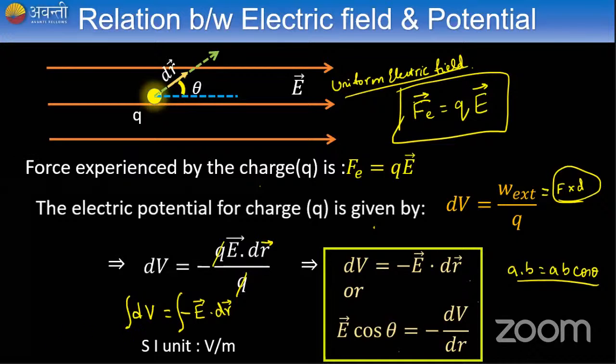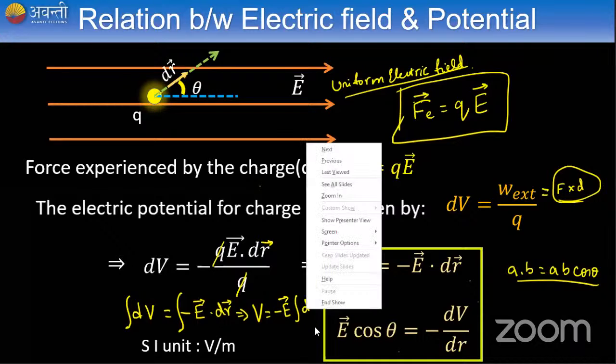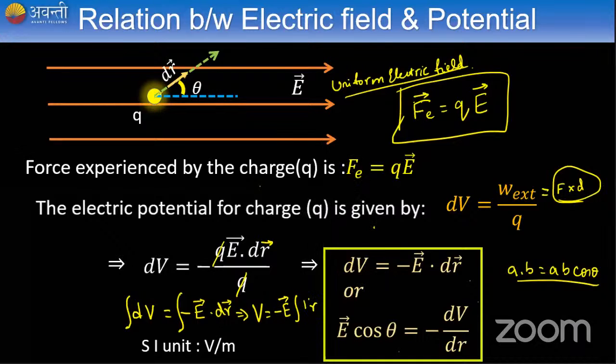On integration, integral of dV will be V equals, as my electric field here is uniform or constant, minus E times integral of dr. What is the integral of the variable dr?